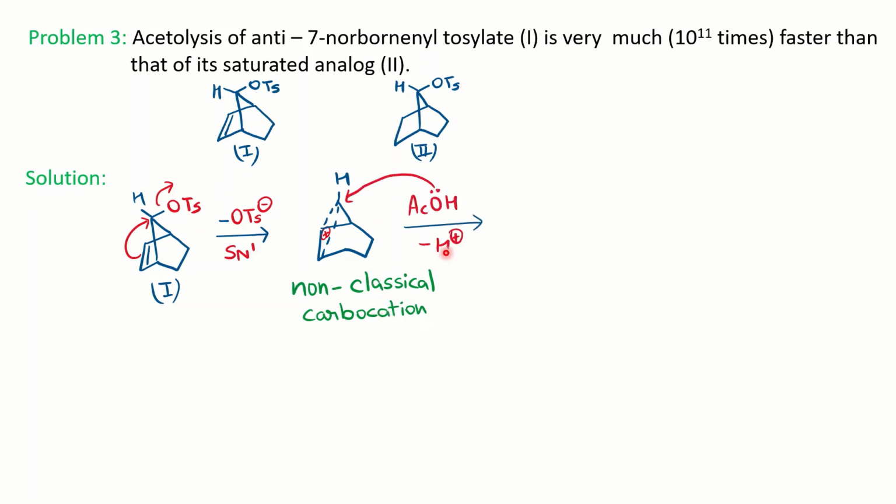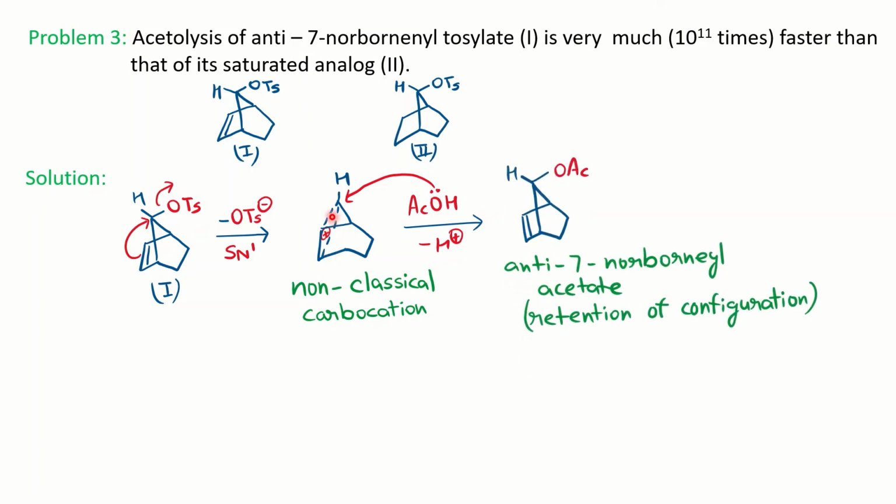Now for acetolysis, the attack will happen from here, where the retention of configuration will occur, right? One possibility, it will occur from here, and this bond gives its electrons to generate back the double bond, right? So this bond is giving its electrons, and you are having this structure, which is again the anti-7 norbornenyl acetate with retention of configuration. If it is an SN2 mechanism, it will push from the back side and you will get the inverted configuration. Rather, we are having retention of configuration here.